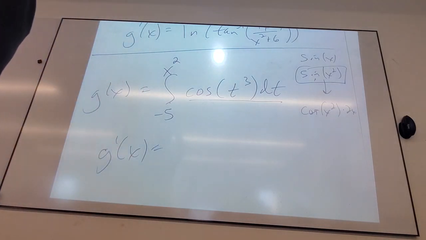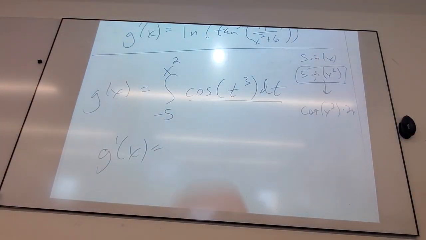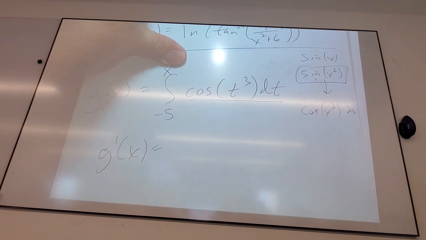I replace t with the upper limit, correct? That's how the derivative works, correct? If that was this, then you tell me what the answer would be. Cosine x cubed. You applied the rule for the derivative of an integral. You took the upper limit and you plugged it in. Okay, so what's the first step for the derivative of this?